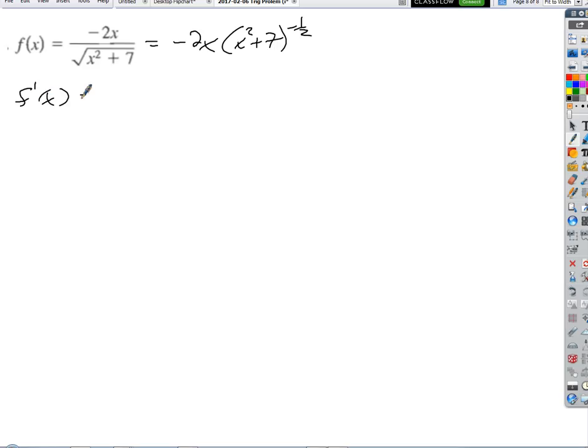So f prime is just going to equal negative 2x times the derivative of the second one, so that's going to be what? Negative 1/2 times x squared plus 7 to the negative 3/2 times 2x.